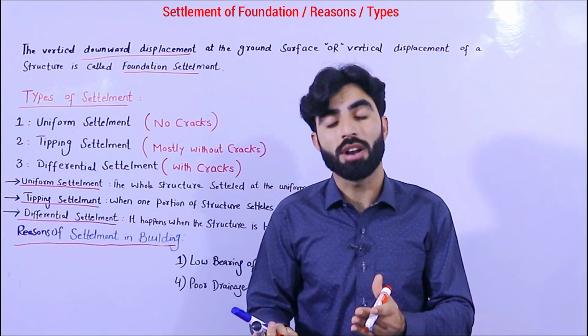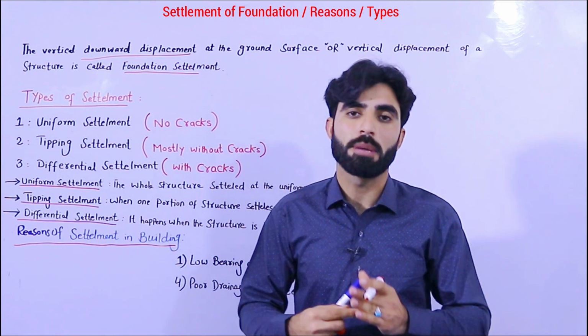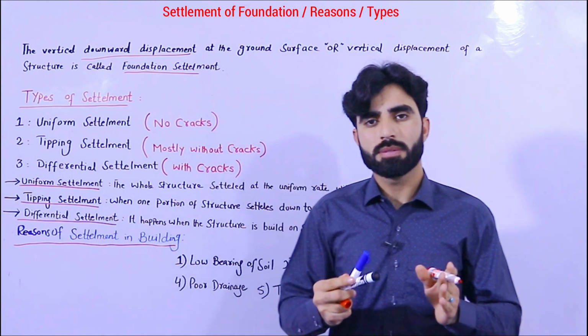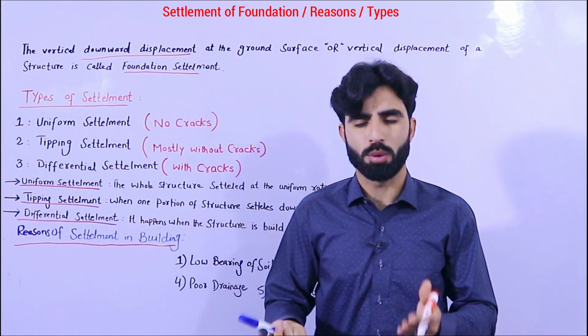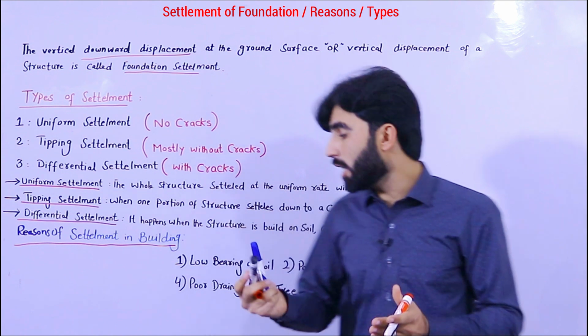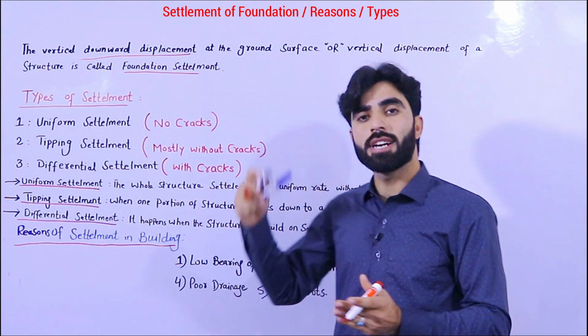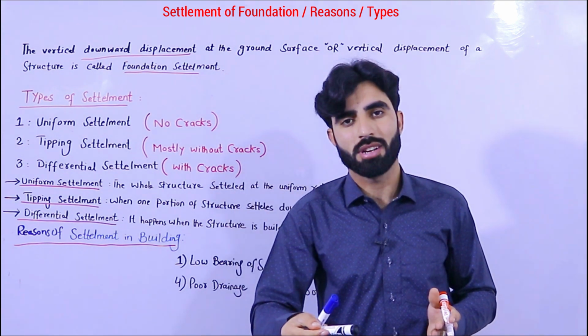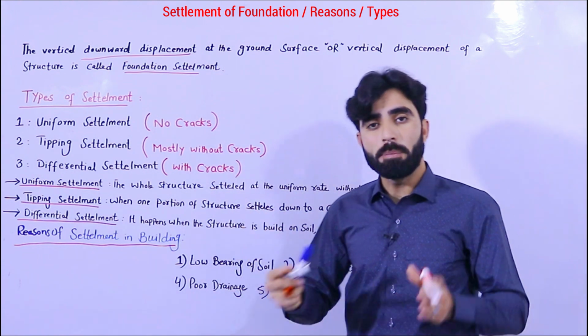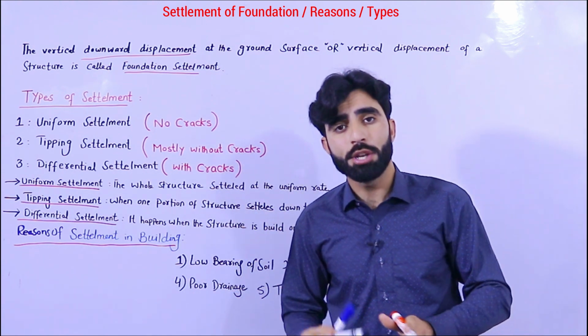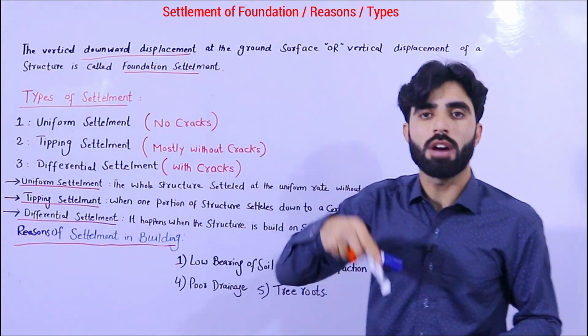This is the example of bearing capacity of soil, because the chair can support 20 kg, which is the baby's weight. If an adult sits on that chair, it will break.